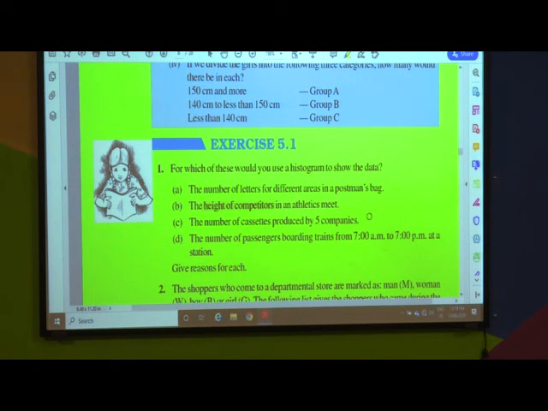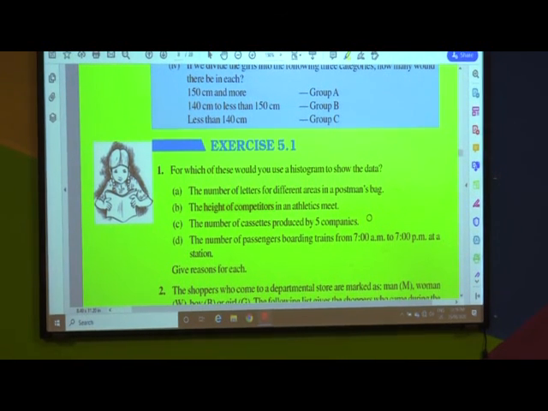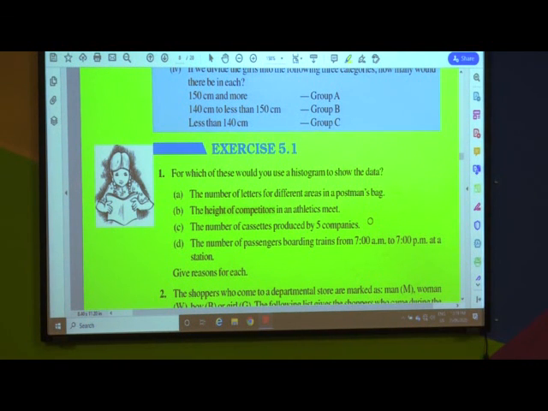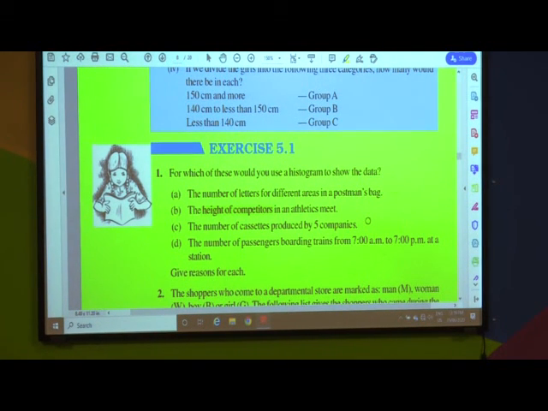In the C situation, again the same thing, I cannot make the class intervals, and in the D situation it is possible. So I hope you have understood this concept very clearly, and we shall conclude this session here.